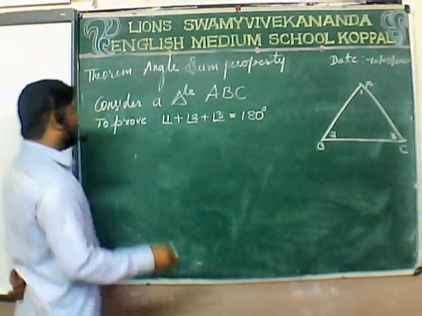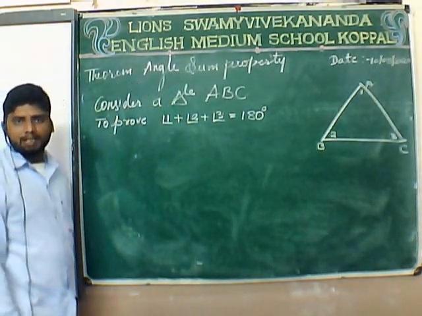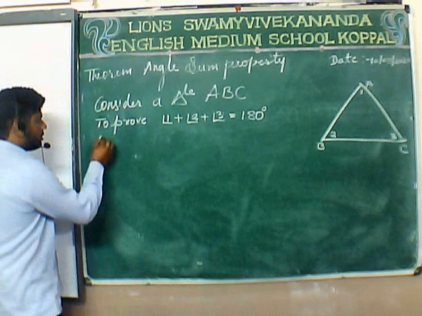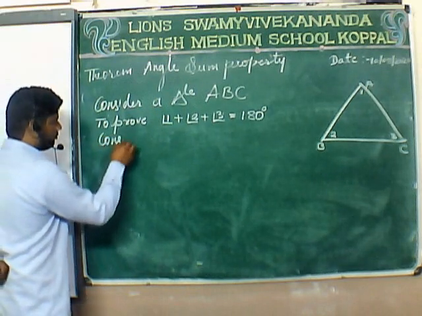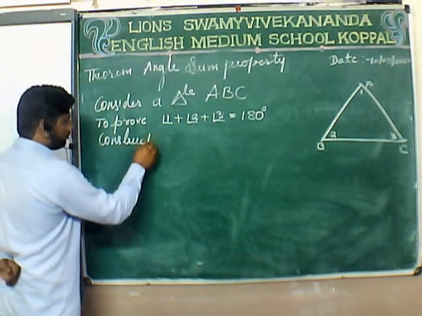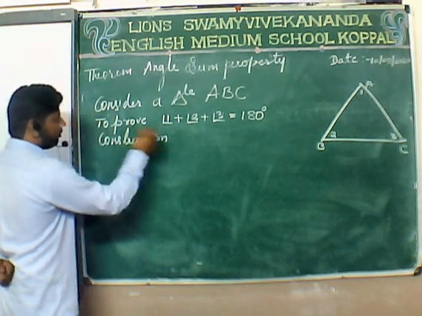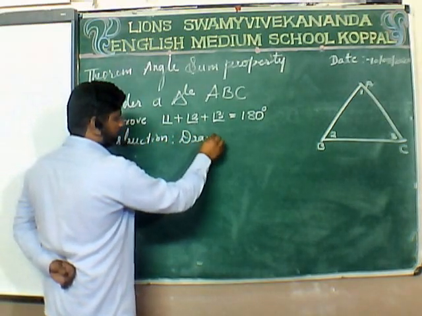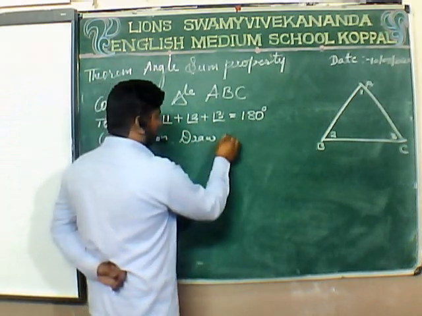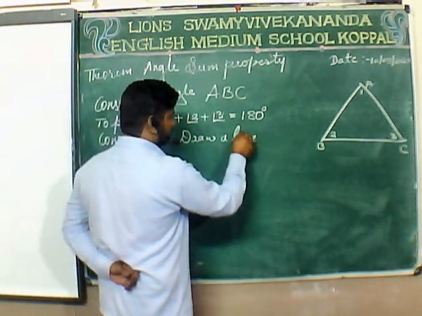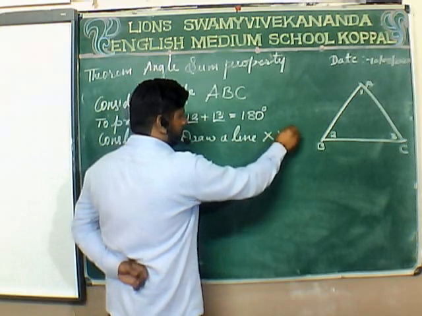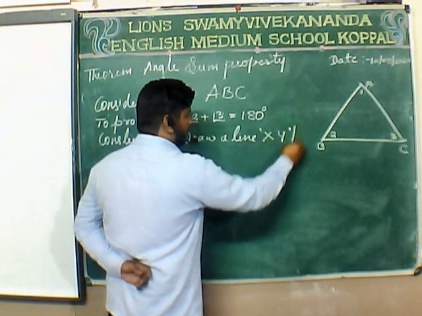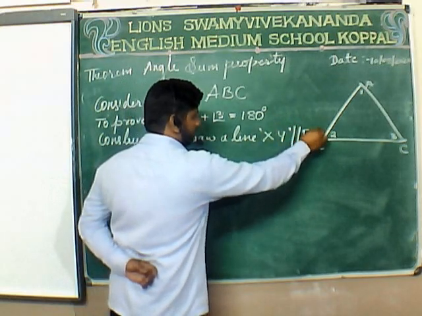So next, to prove this we need a construction. So that is construction. Draw a line XY parallel to BC.